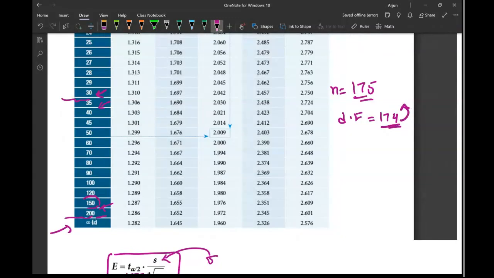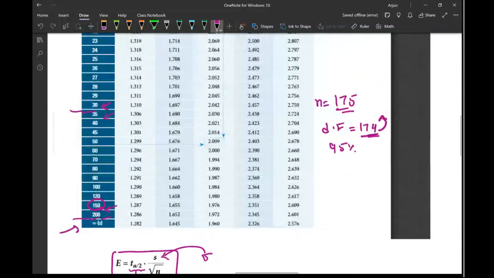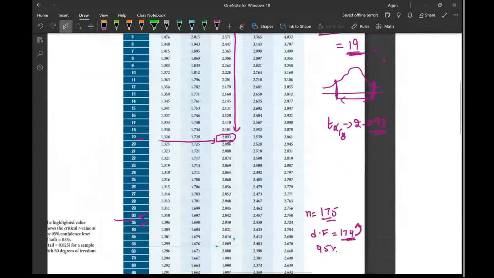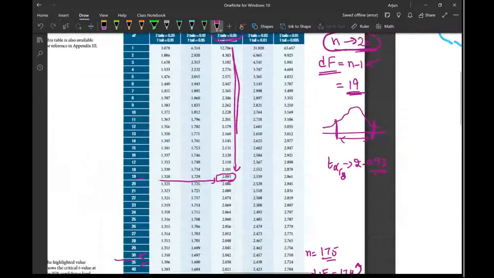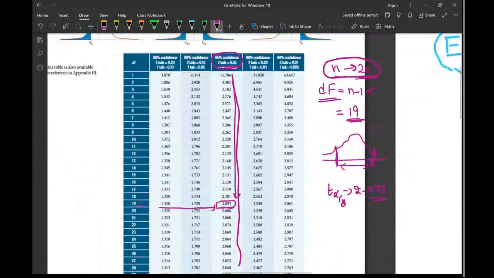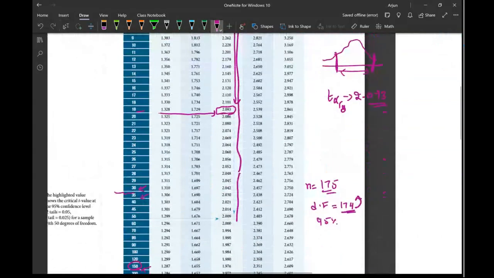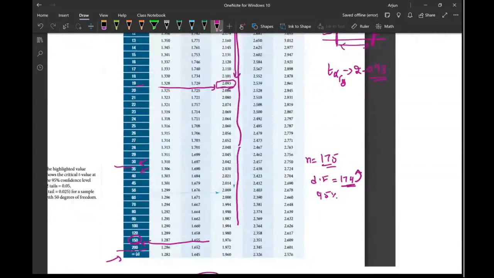That is 150, and I'm assuming the confidence interval is still 95%. So I'm going to keep rolling down from the 95%, go downward, and then from 150, I'll move forward. This is the value I'm going to take.